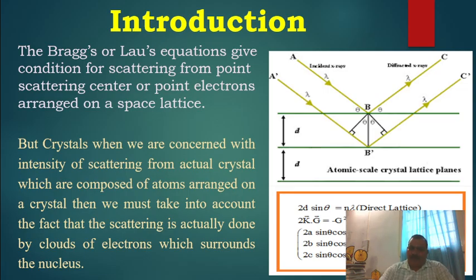So if we go through this article, we find that for the intensity of scattering from an actual crystal, which is composed of atoms arranged in a crystal, we must take into account the fact that scattering is actually done by the clouds of electrons which surround the nucleus.